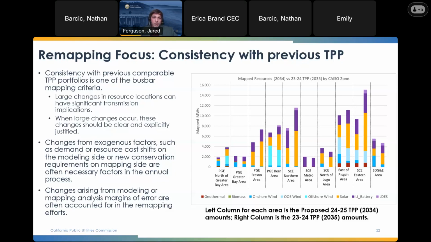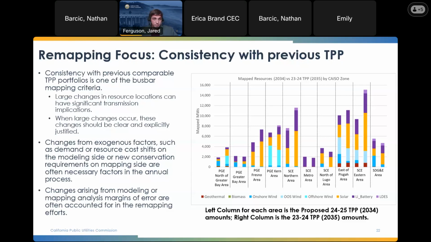You can see it is a year earlier, but still, in a lot of locations, there are fewer resources mapped. As you'll see in some later analysis, and as you can tell from the charts, it is primarily driven by the fact that there is significantly less solar in this portfolio.